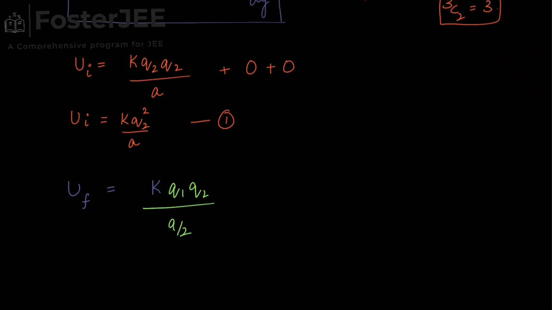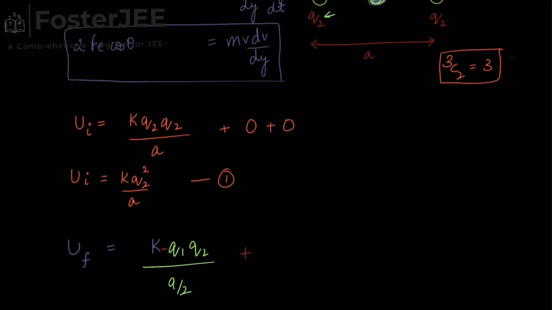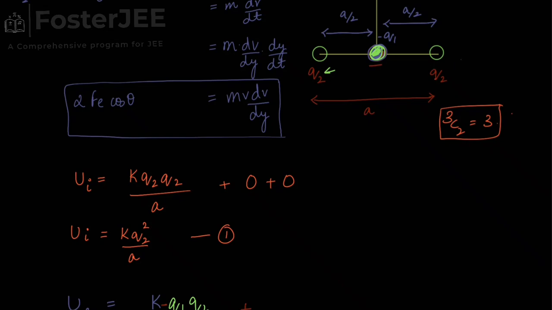But since we are dealing with energies and that is a scalar quantity, sign becomes important in this, because we can't just correct the signs by seeing the direction. Scalar quantities have no direction, so we have to put a minus sign for the minus charge, that is Q1. Plus what will be the interaction between this and this?